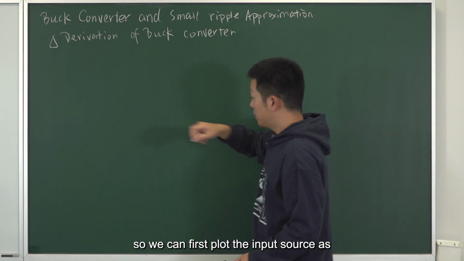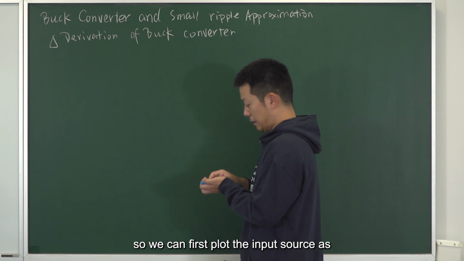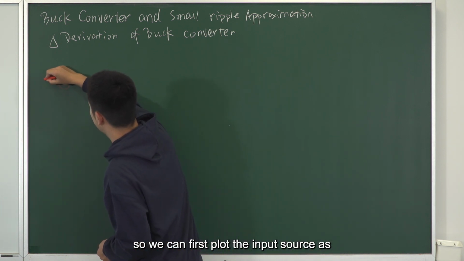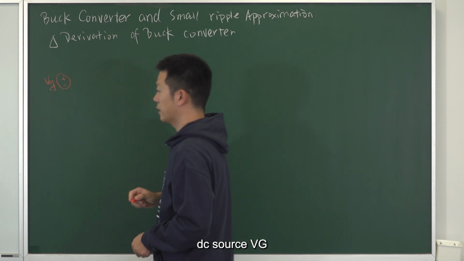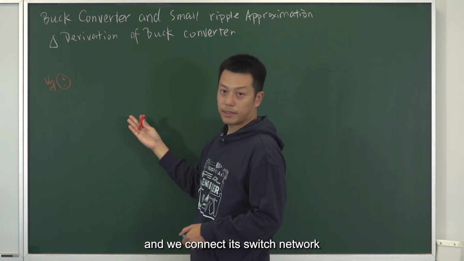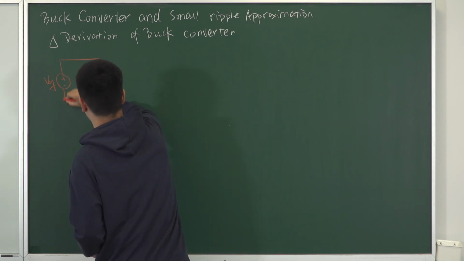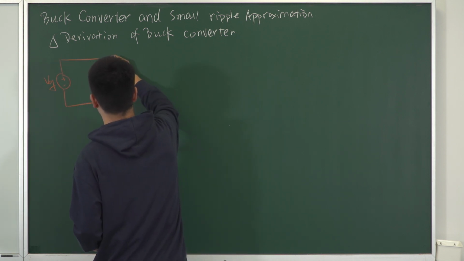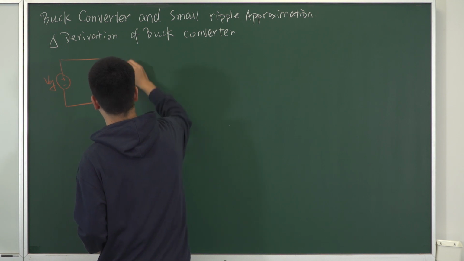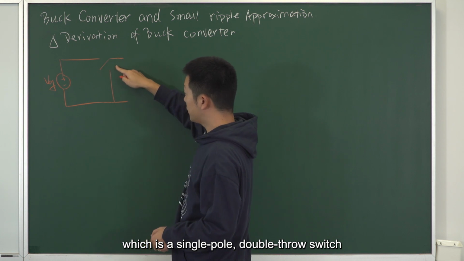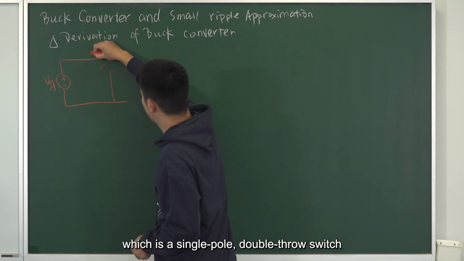So we can first plot the input source as DC source Vg, and we connect a switch network, which is a single pole double throw switch.